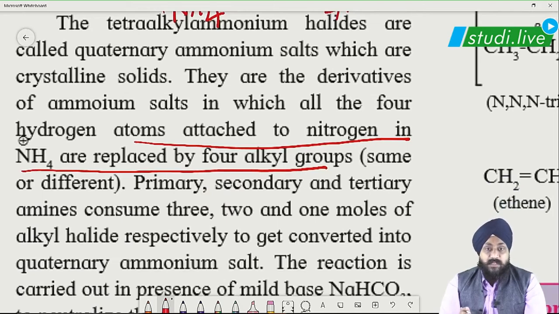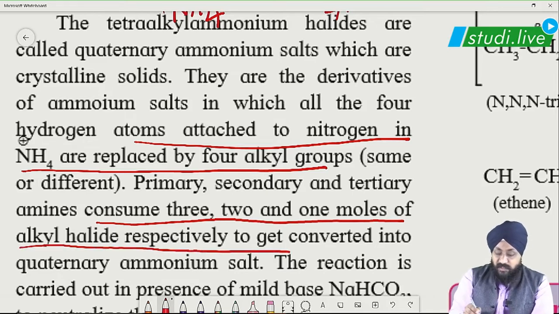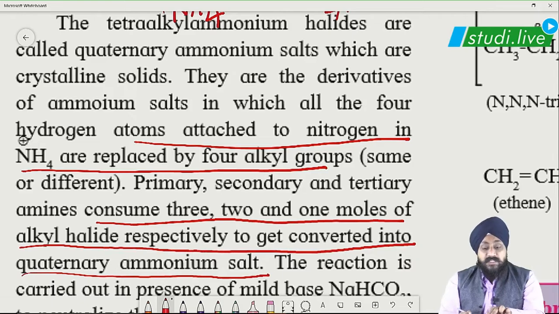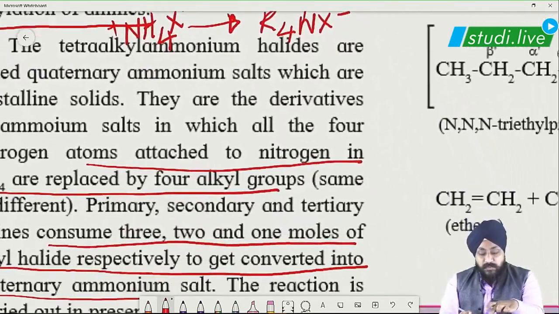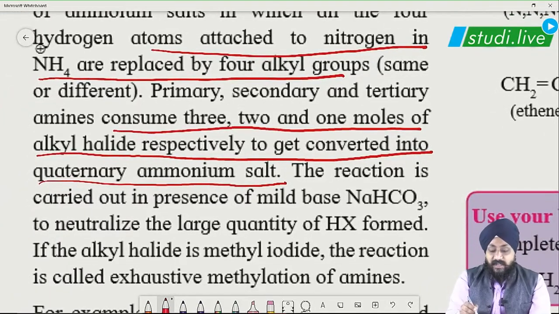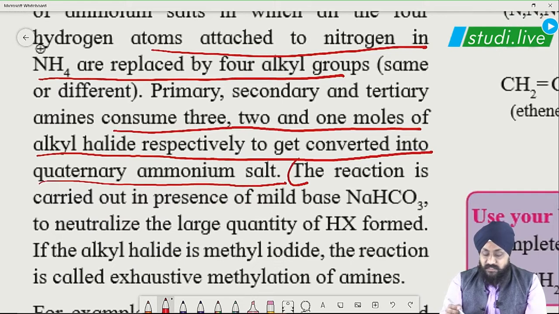Now students, primary amine, if you want to convert it into tetra alkyl ammonium halide, will consume 3 moles of alkyl halide. Secondary will consume 2 moles, and tertiary will consume only 1 mole of alkyl halide to convert it into quaternary ammonium salt. Here lots of HX is formed as byproduct, so the reaction is carried out in the presence of a mild base to neutralize the excess HX formed.